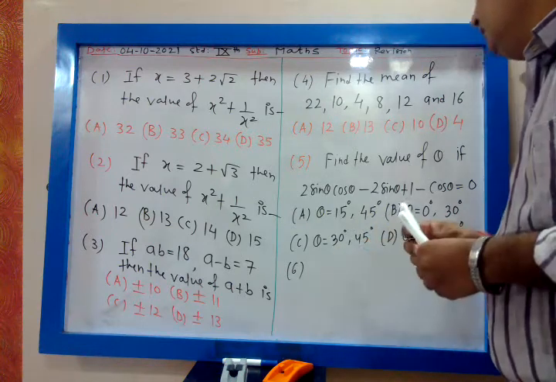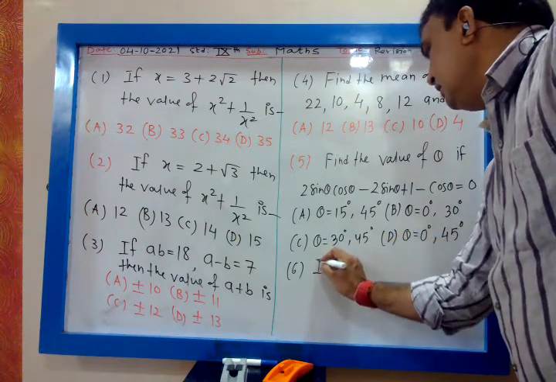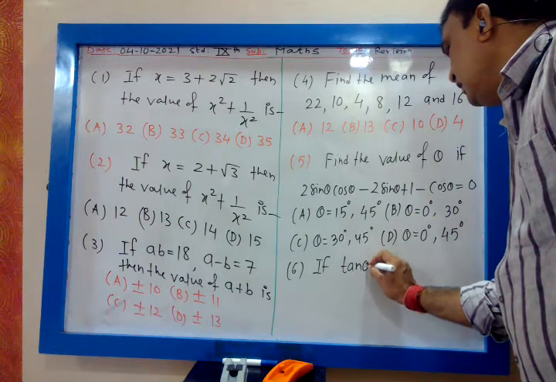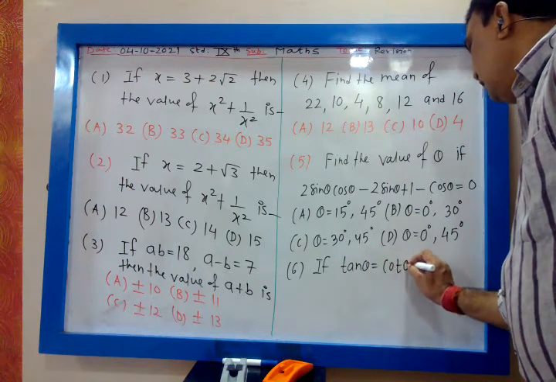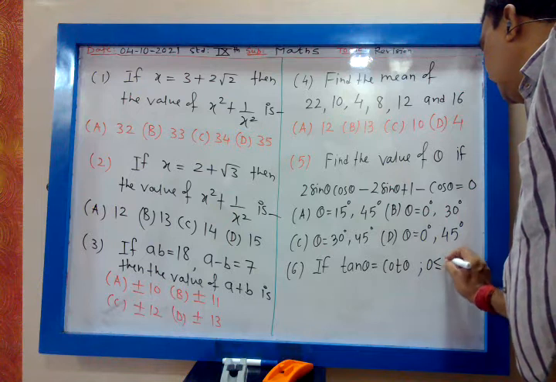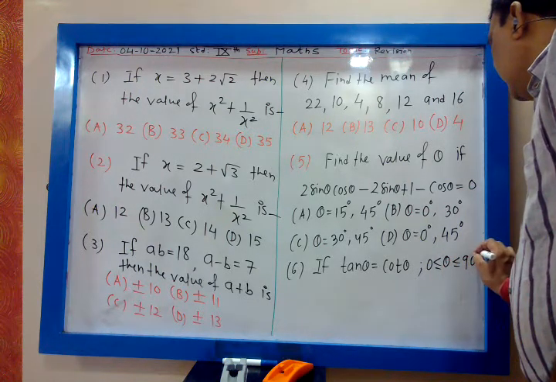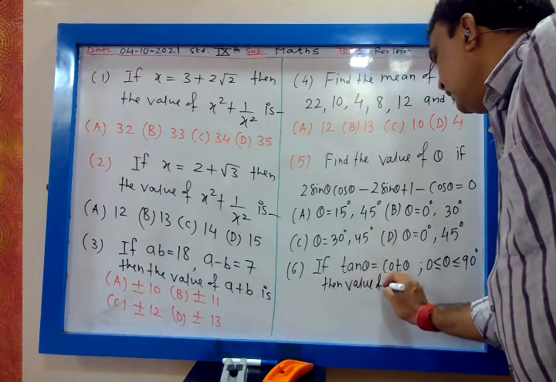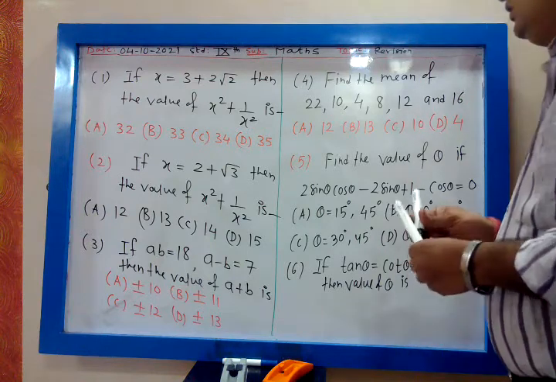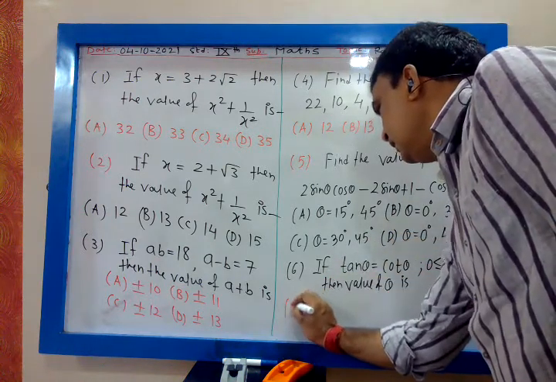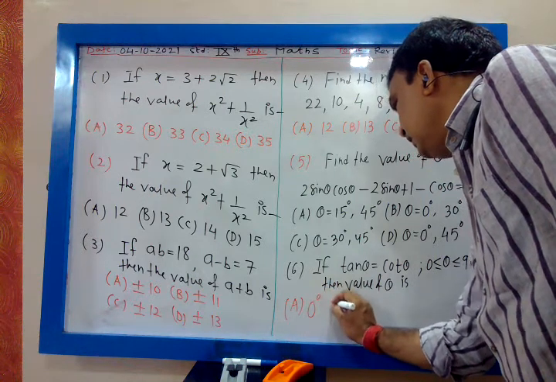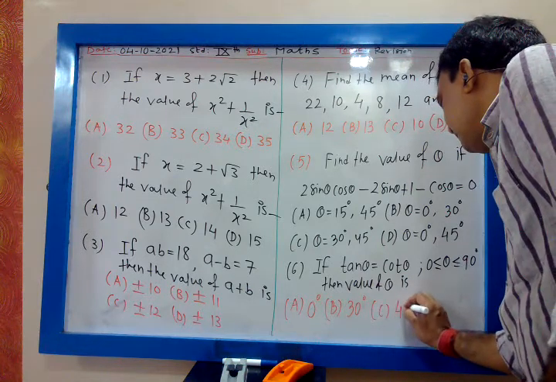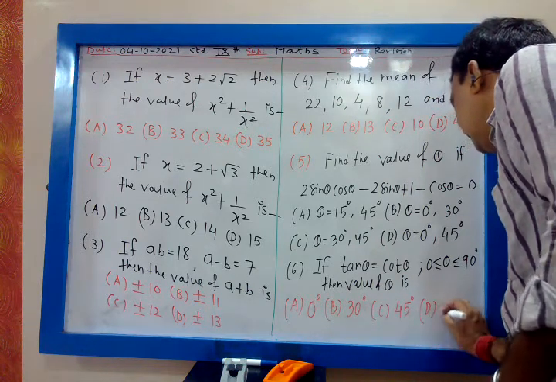If tan theta is equal to cot theta, and theta lies between 0 degree and 90 degree, then the value of theta is option A 0 degree, B 30 degree, C 45 degree, and D 90 degree.